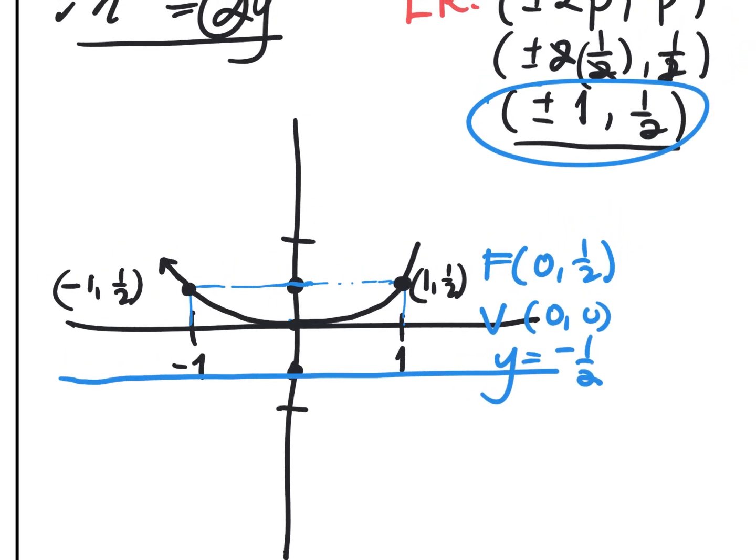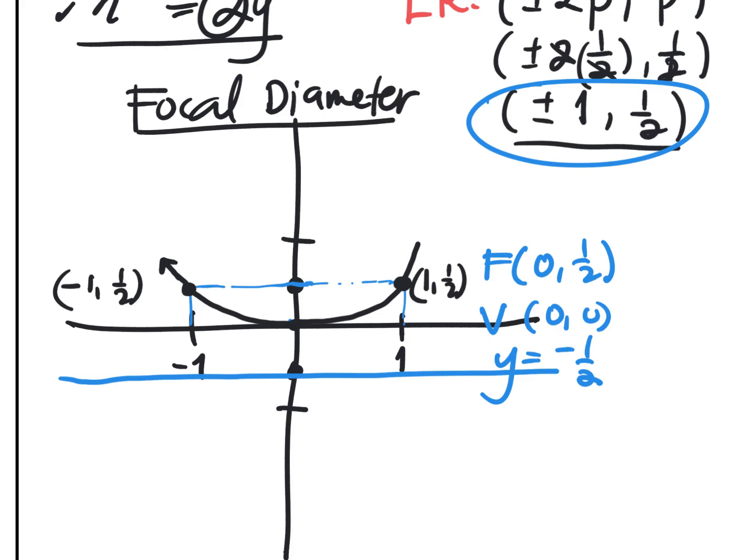Now let's talk about the focal diameter. The focal diameter simply tells you about this one. The diameter is going to be telling you the size from the focus to its point in the parabola. This is what you call your focal diameter. That's your focal diameter on the left side, and this is also your focal diameter on your right side.